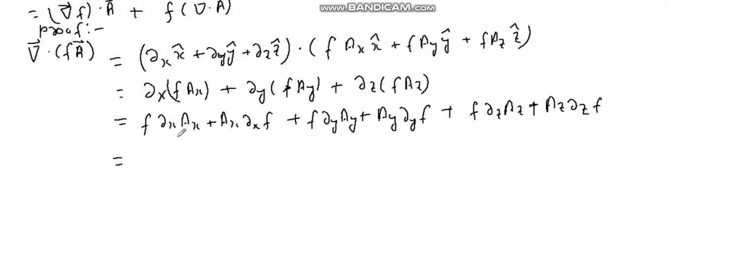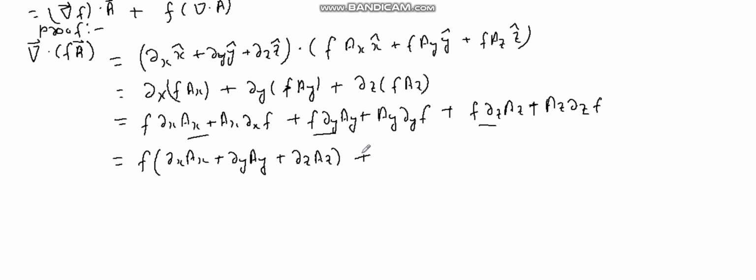So we'll rearrange the terms with the coefficient f: del x ax, and again we have these three terms, plus del y ay plus del z az, right?